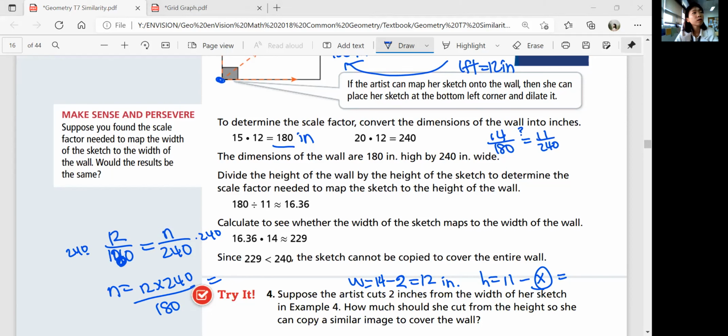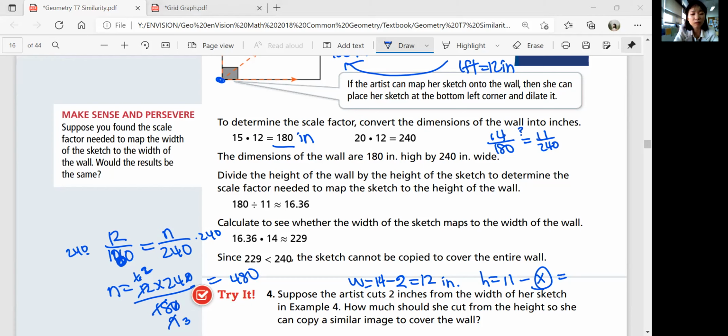Well, first you can simplify these numbers. Divide by 2, divide by 2, divide by 3, divide by 3. 2 times 240 is 480. And in order for you to have, that does not seem right.